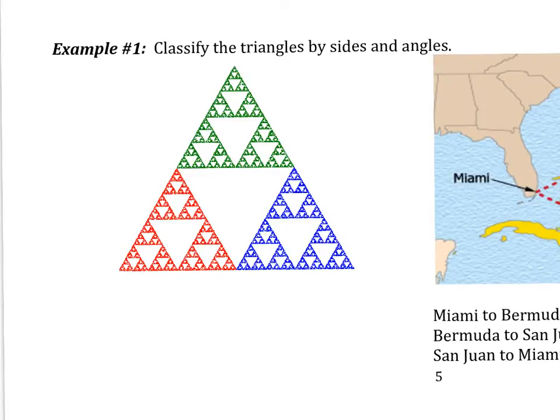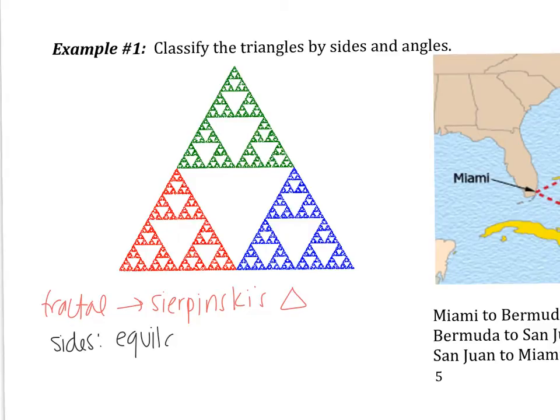Looking at example number 1, we are asked to classify the triangle by sides and angles. So first thing, this is what's called a fractal, this triangle. It's actually known as Sierpinski's triangle. It's actually one of my favorite triangles, so we'll talk about it more in class. But classifying by sides and angles: in terms of sides, it looks like all three sides are congruent, so this would be an equilateral triangle.